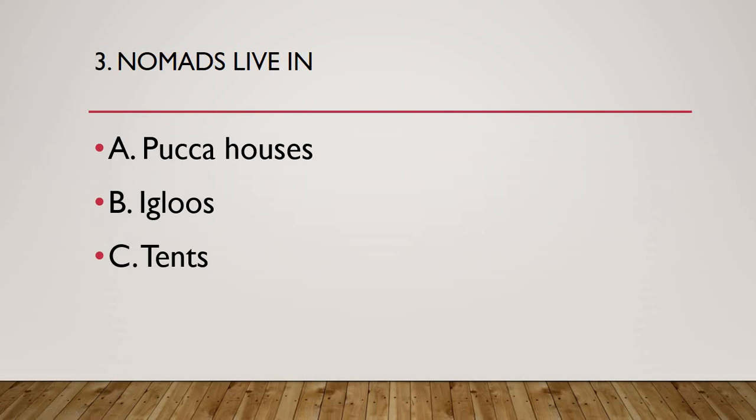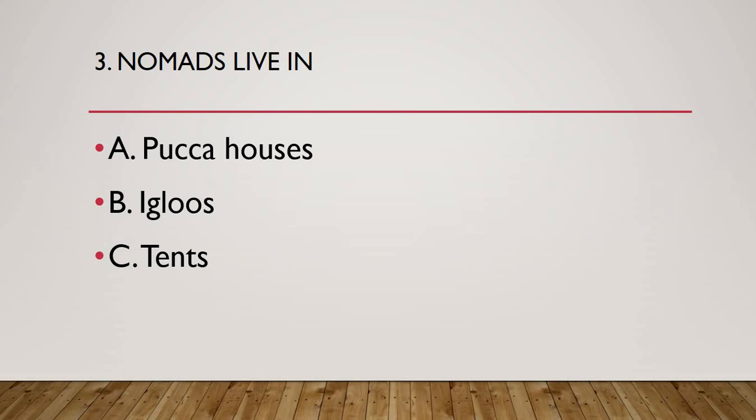See, nomads are the people who travel from one place to another continuously. They don't stay at one place. They don't have a permanent residence like we have, correct? We stay in one house. We change it after 2 to 3 years according to our choice, according to our will. But we do not change our house again and again, isn't it so?